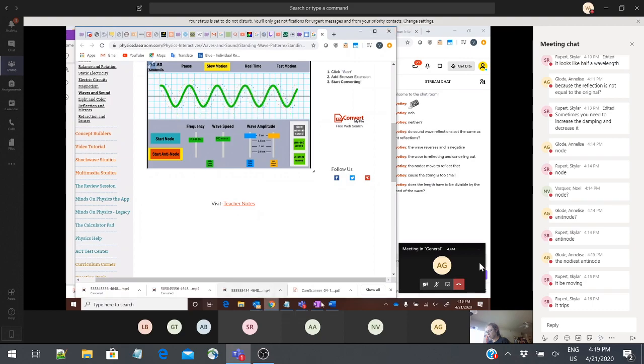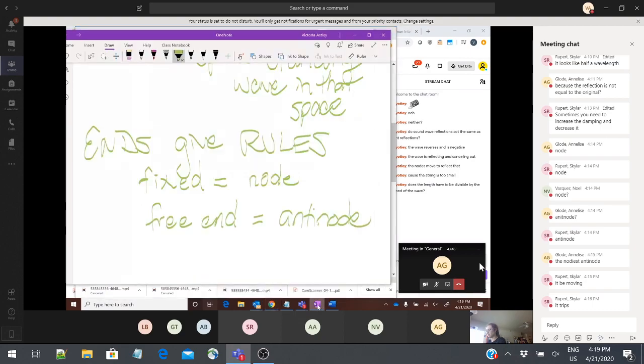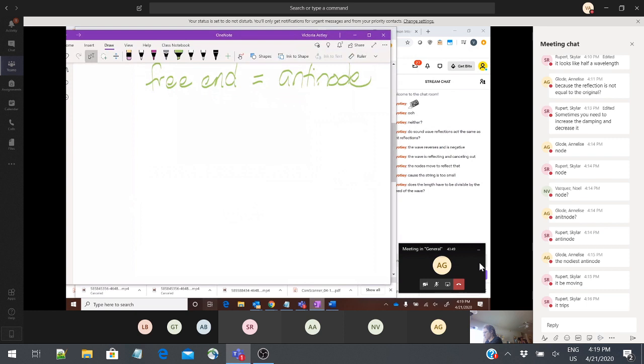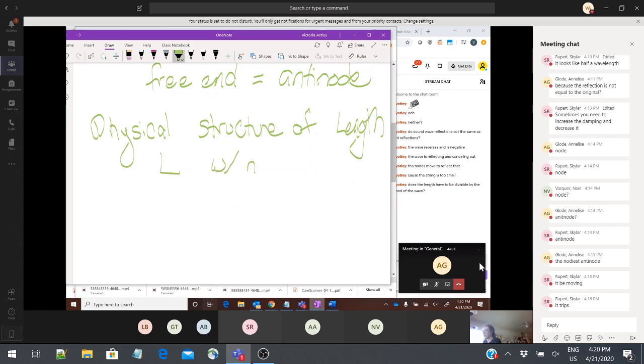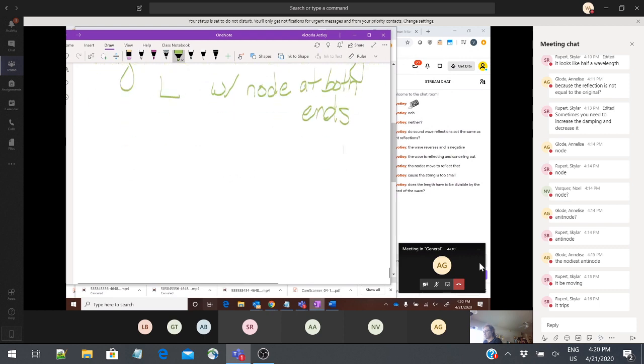So if we think about a physical structure of length L with a node at both ends, right?